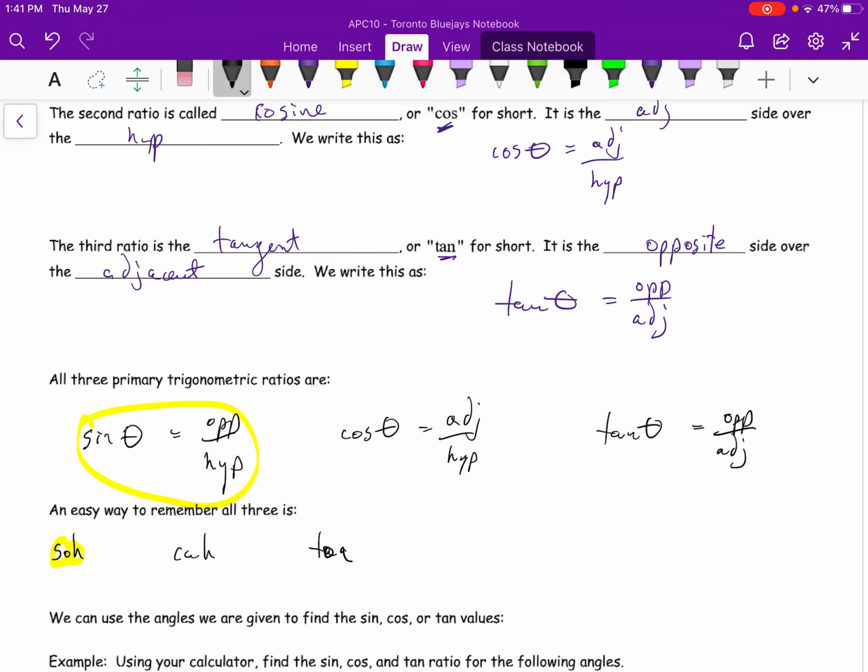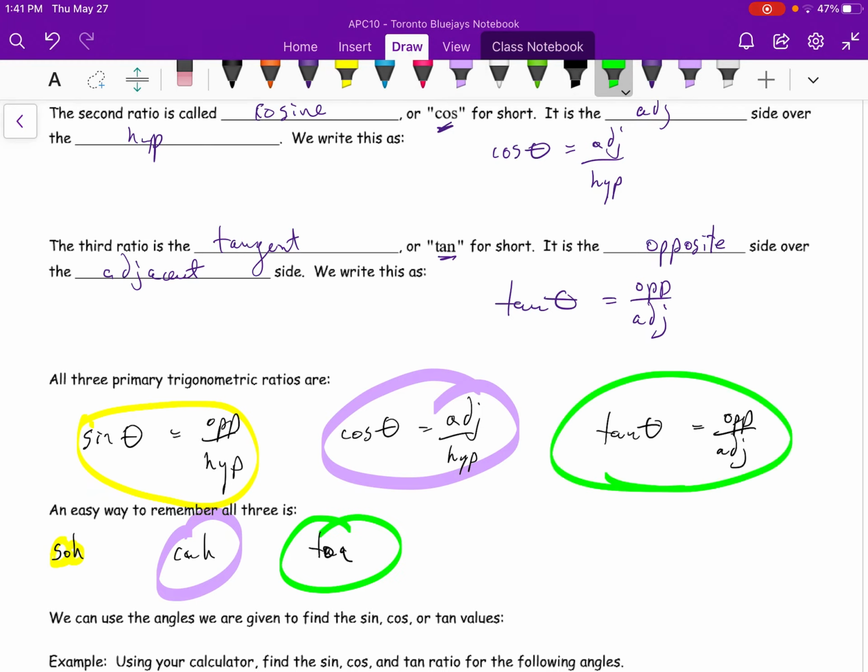CAH is cosine is adjacent over hypotenuse. And TOA is tangent theta is equal to opposite over adjacent.